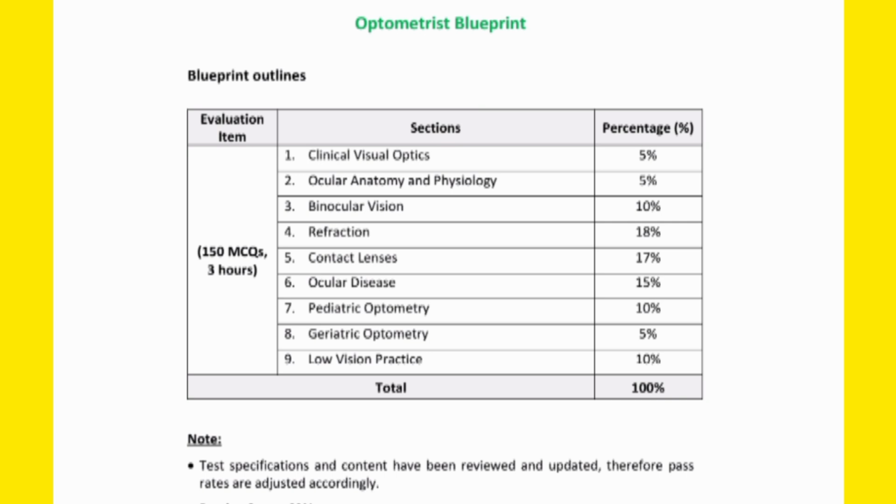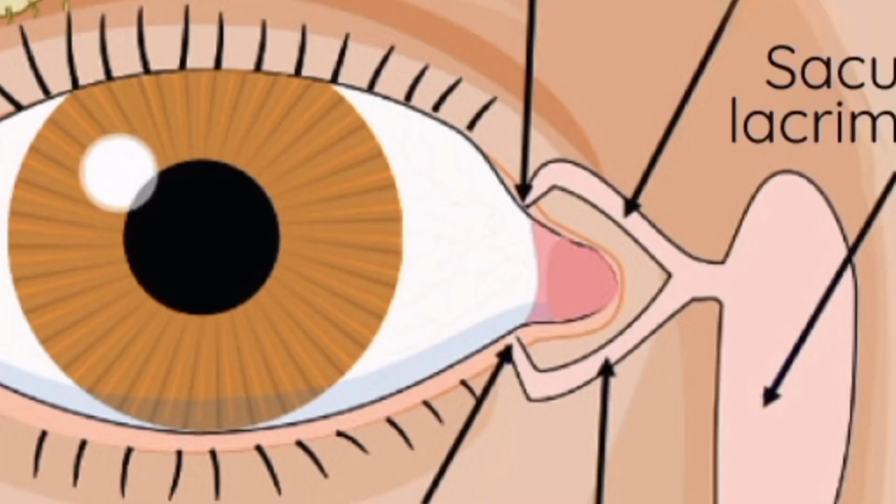Because when you are reading about the pathological cases concerning the lacrimal apparatus, most of those pathological cases occur in children or adult or elderly patients. So most of the questions they ask when they want to ask pathological questions concern children, which is pediatrics, or geriatrics. So when you approach it this way, you will find out that you're already touching three of the features contained on the blueprint.